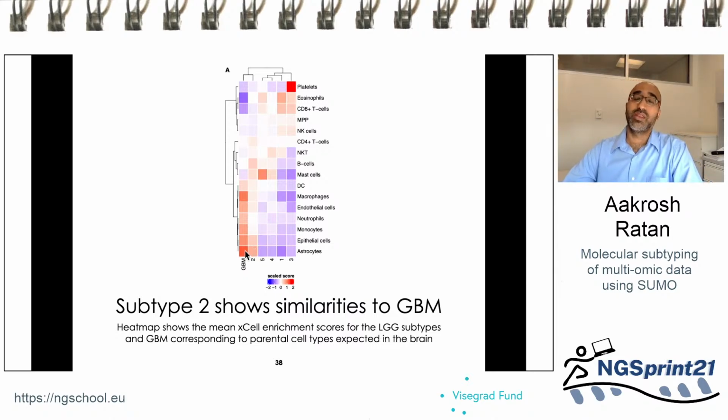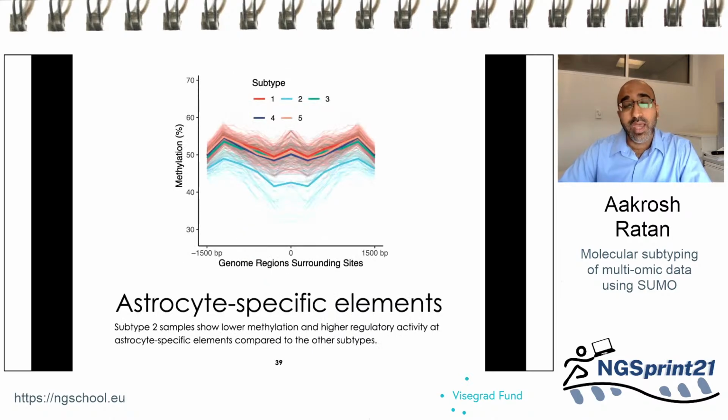So this is based on gene expression data. Then we said, okay, if gene expression shows this pattern, how does subtype 2 compare to the other subtypes if you look at, for example, methylation? The way we thought about this was, most glioblastoma, we typically think about astrocytes. So we collected information about astrocyte-specific elements.